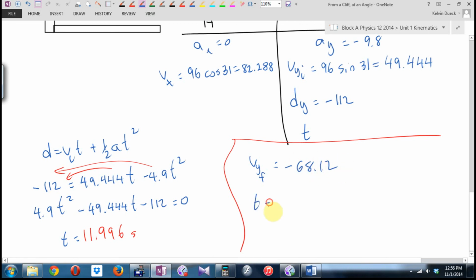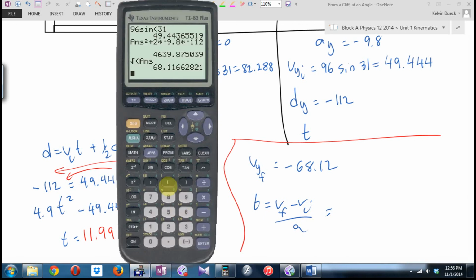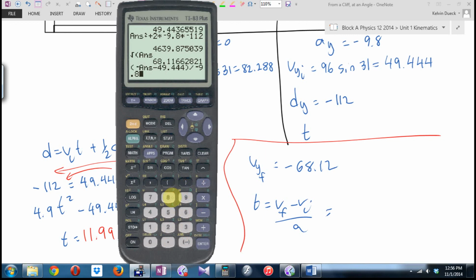And that should give you time equals V final minus V initial over A, which is going to give you negative 68.12 minus 49.444, divided by negative 9.8, and hopefully I get the same time value as before, 11.996.